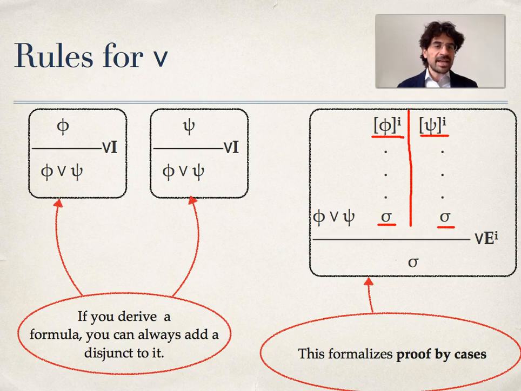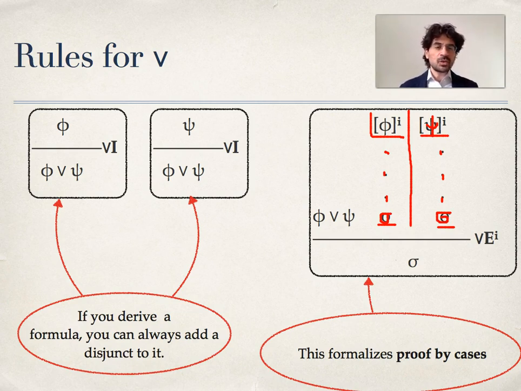Now on this side, on the side of phi, through various intermediate steps, we could derive the formula sigma. And similarly, assuming not phi, but the formula psi right here, we could derive again through some derivation steps the same formula sigma. So these are our two cases.